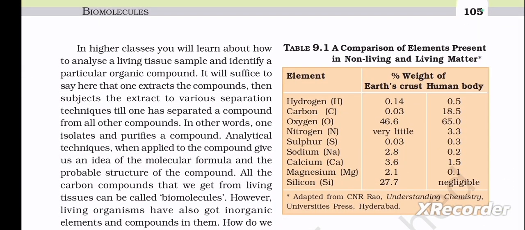In higher classes, you will learn about how to analyze a living tissue sample and identify a particular organic compound. It will suffice to say here that one extracts the compounds, then subjects the extract to various separation techniques till one has separated a compound from all other compounds. In other words, one isolates and purifies a compound.